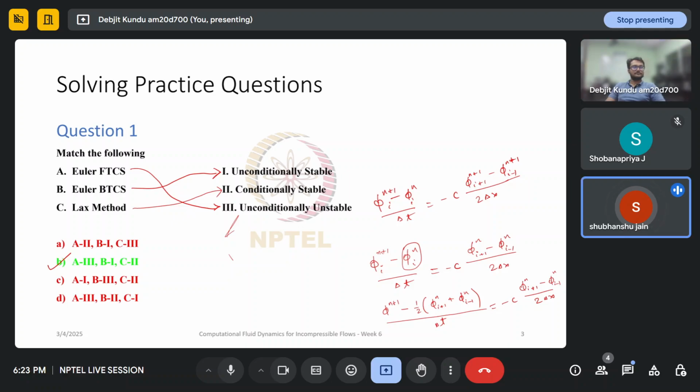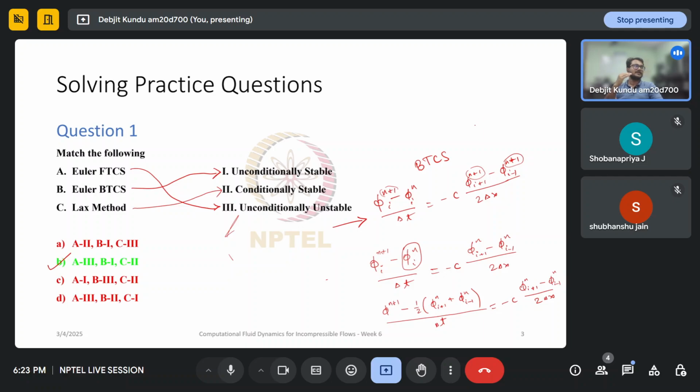Sir, can you explain why in the first equation that you have written, on the upper side, you have used n plus 1 in the superscript? Yeah, because it is backward in time, central in space. So here the time step that you are standing on is n plus 1. So you take the spatial derivative at n plus 1.